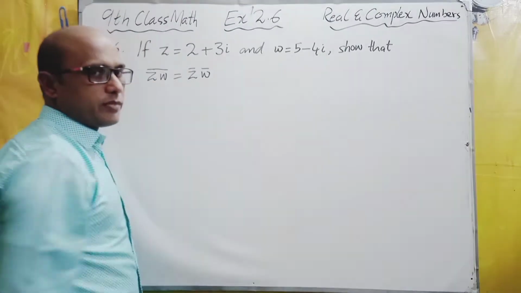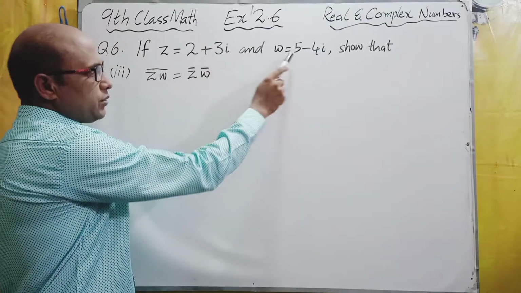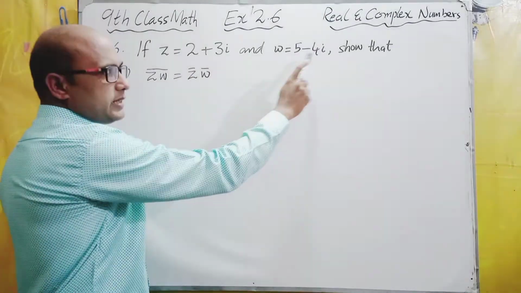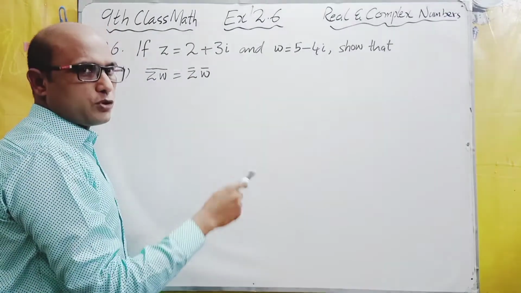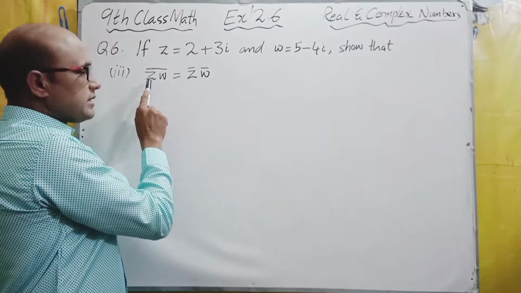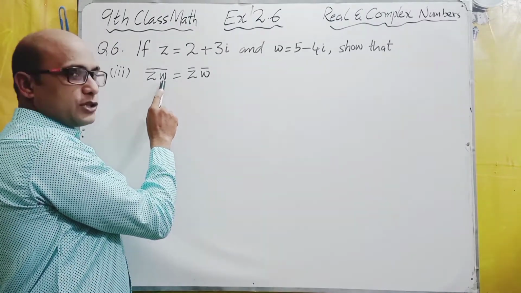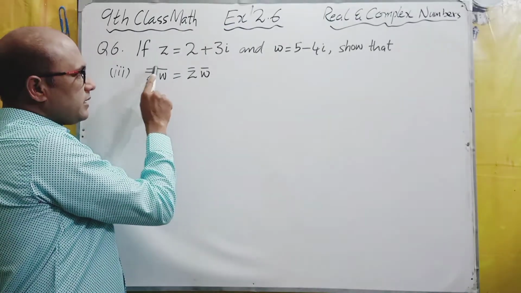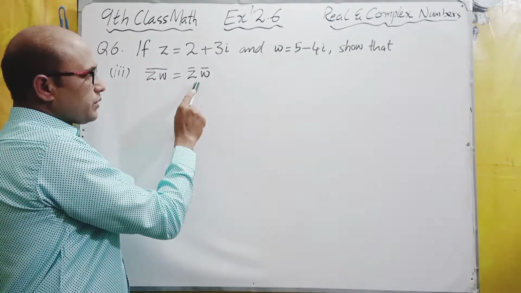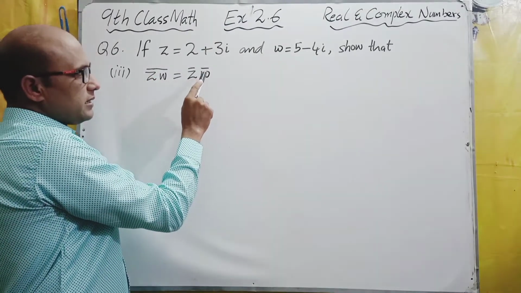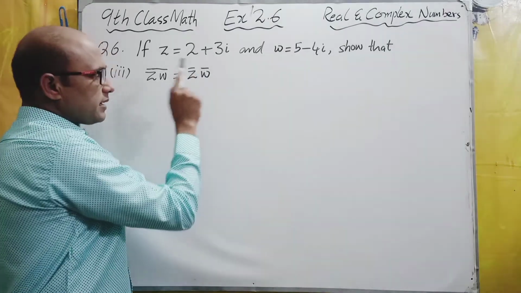Show that these two values are given, then show that, means you have to prove that (z into omega) bar is equal to z bar and omega bar.